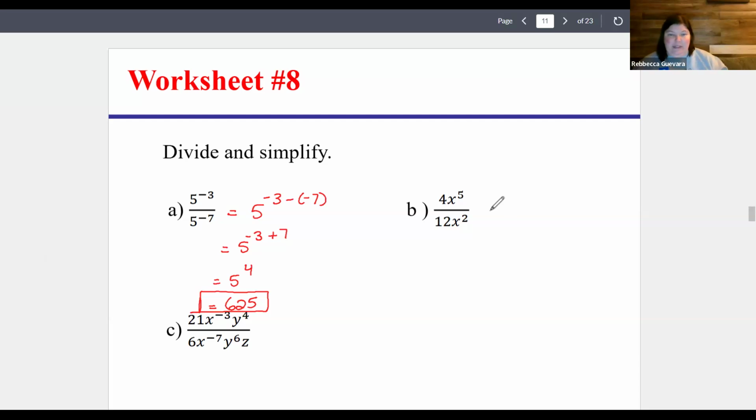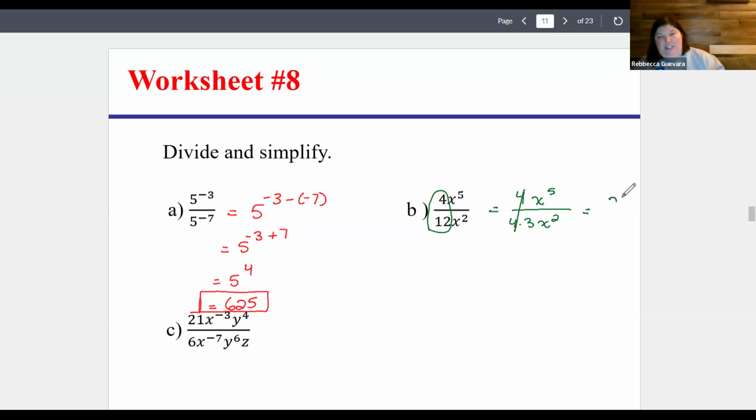All right, so for B, for one thing, 4/12. Both of these are divisible by 4. 12 is just 4 times 3. So that's just gone.